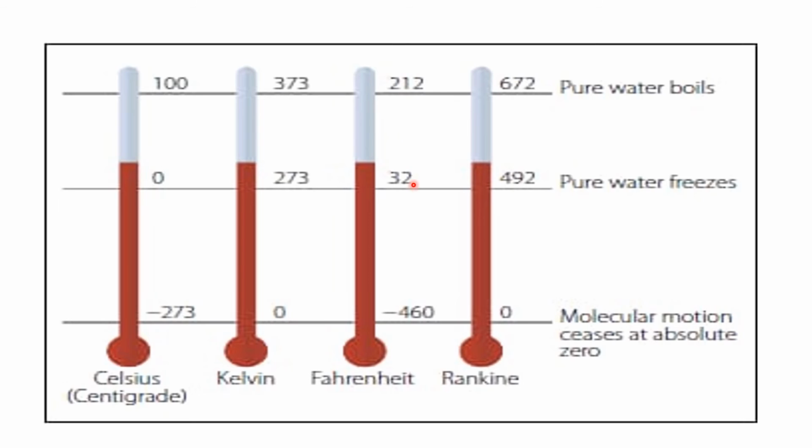Here 180 divisions are made from the lower fixed point to the higher fixed point. For the Rankine scale also, at zero Rankine molecular motion is completely stopped, at 492 Rankine pure water freezes, and at 672 degrees Rankine pure water starts to boil.